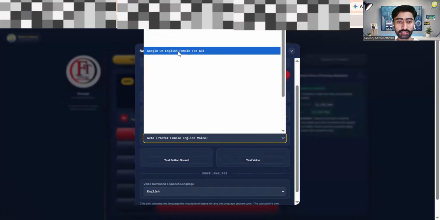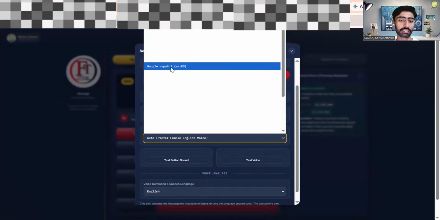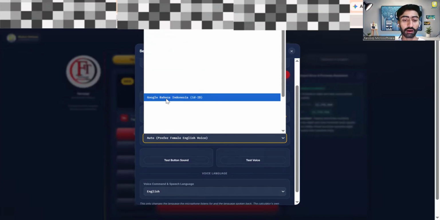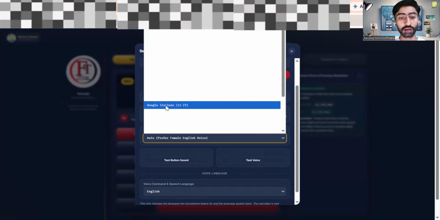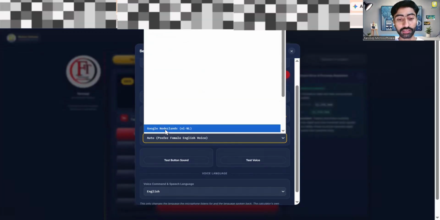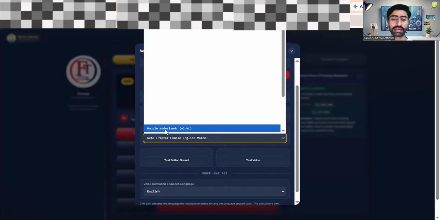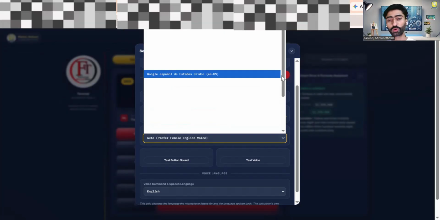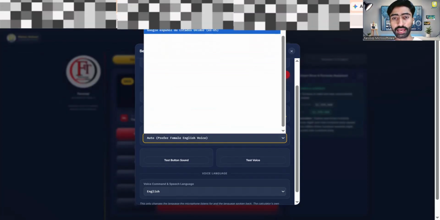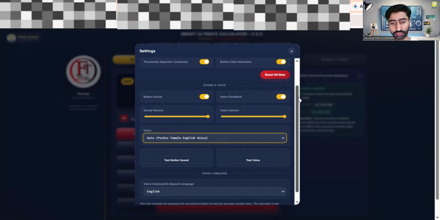Dutch, Espanol, France, Hindi, Bahasa Indonesia, Italiano, Chinese, Japanese, Korean, Netherlands, etc. You can explore these options at your end.